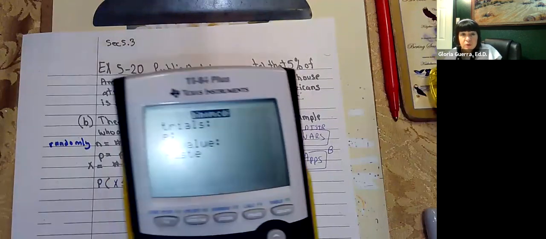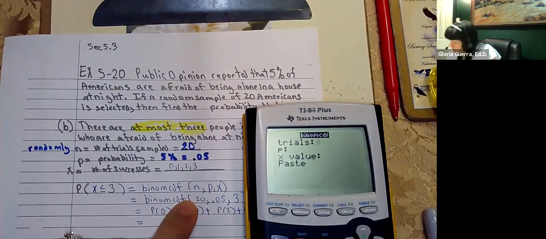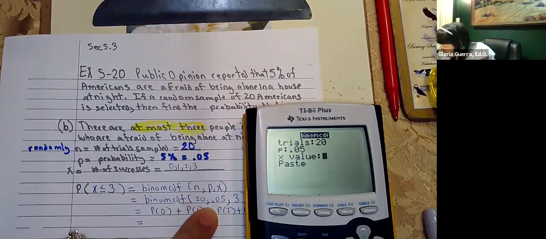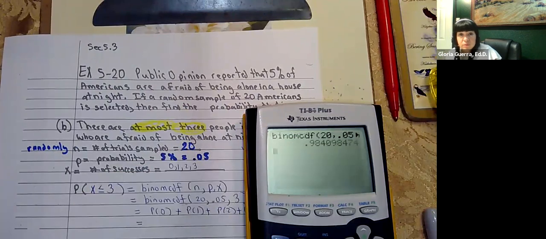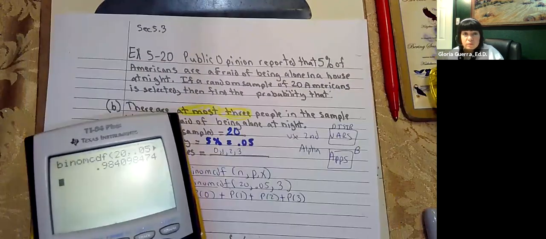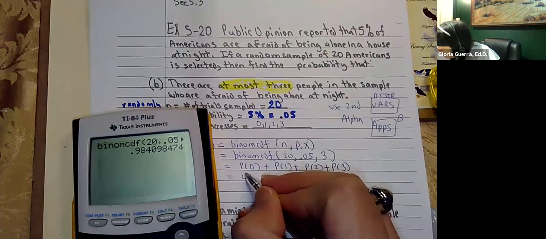And then trials are 20. Probability is 0.05. And then the X value is 3. And just double check the numbers because sometimes people forget the decimal. And this is pretty close to 1.